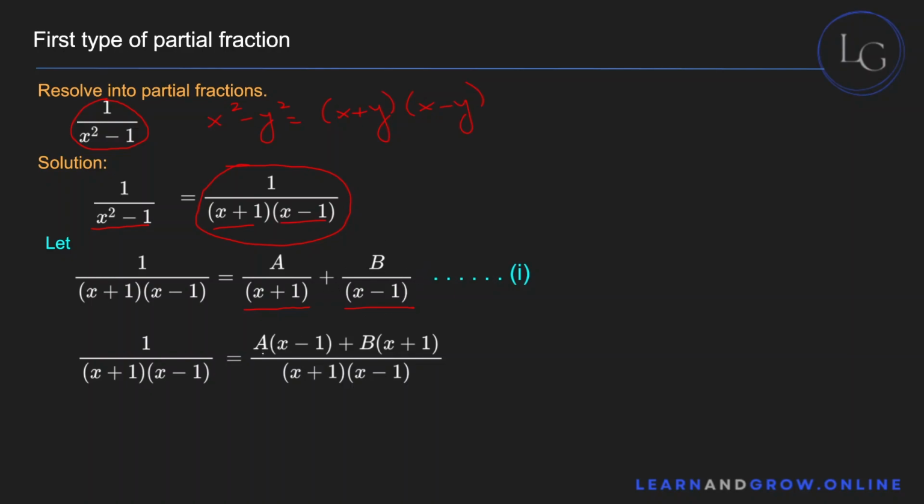So that'll give you this fraction as a result. Now the denominators are the same, so we need to make the numerators equal to each other. So 1 is equal to a into x minus 1 plus b into x plus 1.